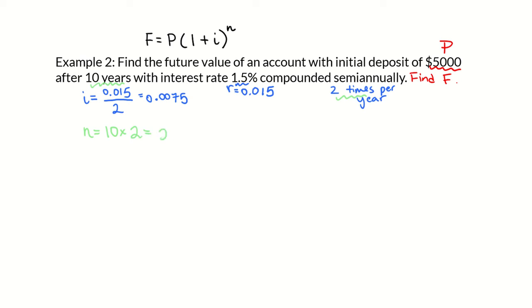So the number of compounding periods is 20. Now plugging into the formula, we get F equals the principal P, which is 5,000, multiplied by 1 plus I, which is 0.0075, raised to the power N, which is 20. Which is approximately $5,805.92.